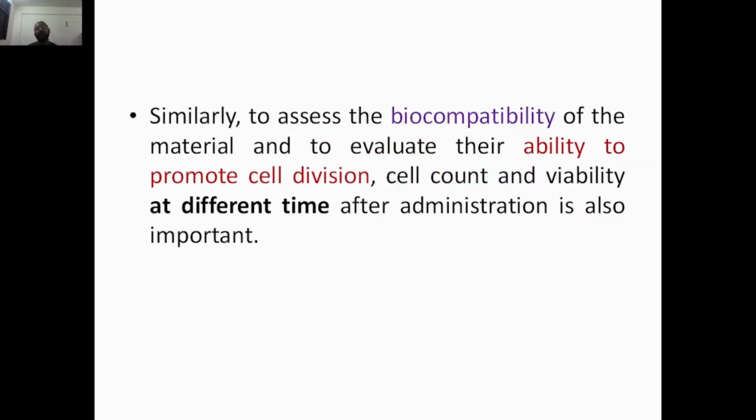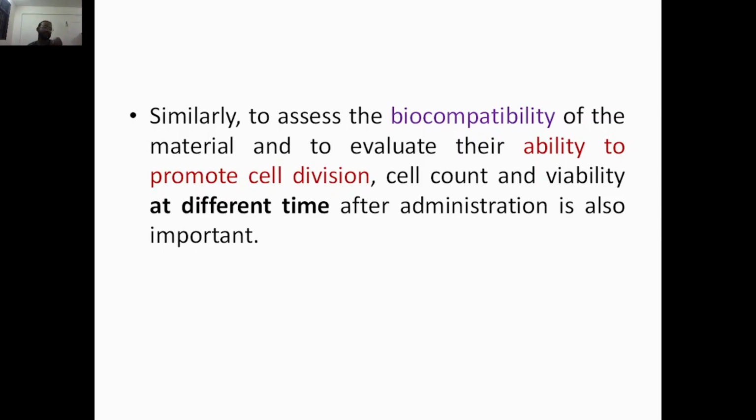Similarly, we assess the biocompatibility of the material. If you want to check the biocompatibility of the material and evaluate its ability to promote cell division, then cell count and viability at different times after administration are also very important. Now I have these cells, and I want to check their biocompatibility.